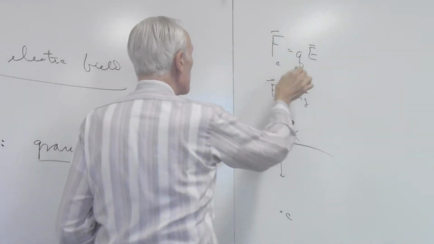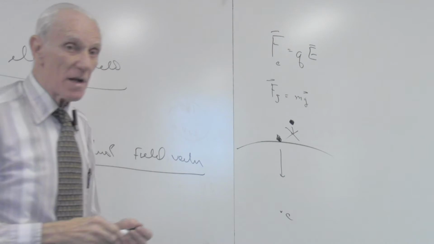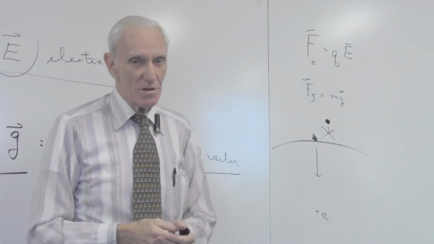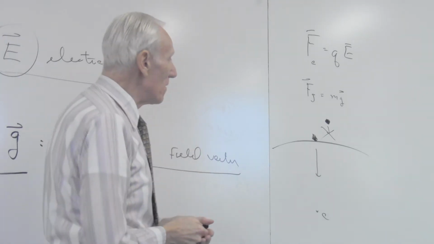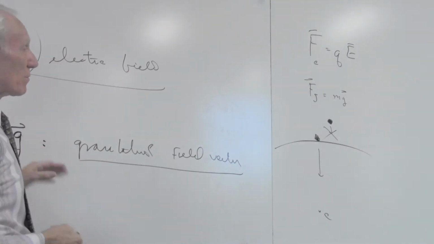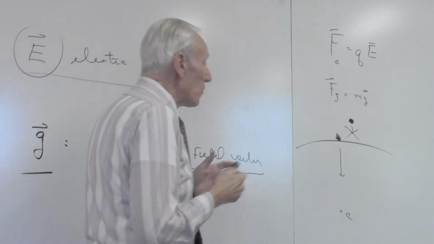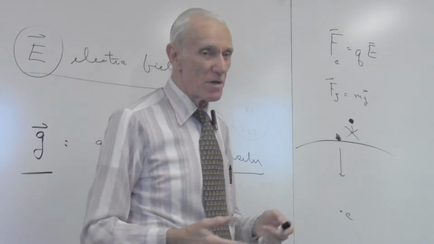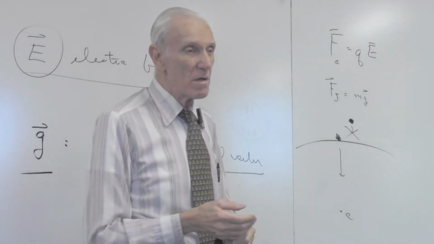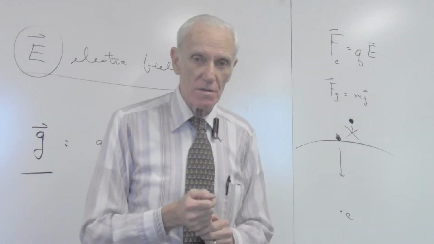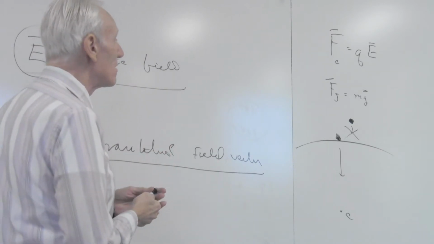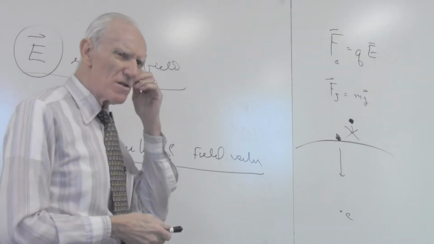Okay, so a charge in an electric field experiences an electric force. A mass in a gravitational field experiences a gravitational force. And we didn't need this field business. We can get along without it, but in fact, this is a way to interpret what g is. It's a way to talk about how there can be a force when there's no contact. This is called, cleverly, force at a distance. Okay, so a force at a distance is kind of a puzzle. How does it do that?